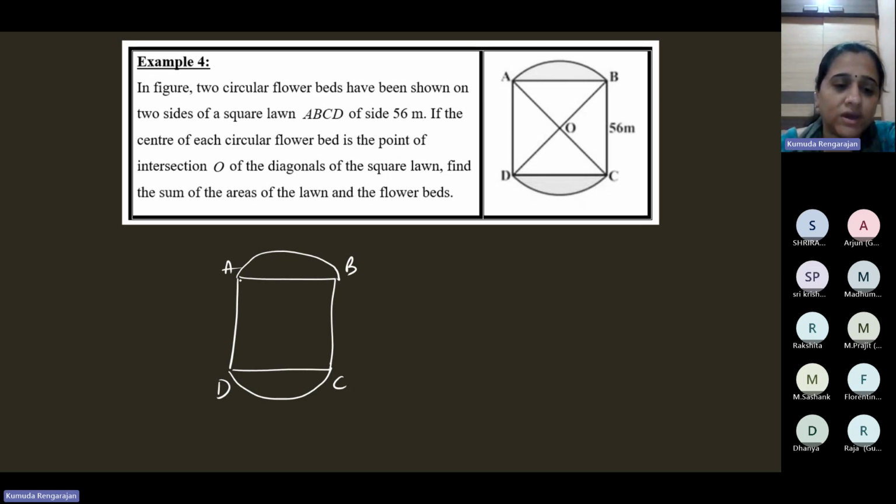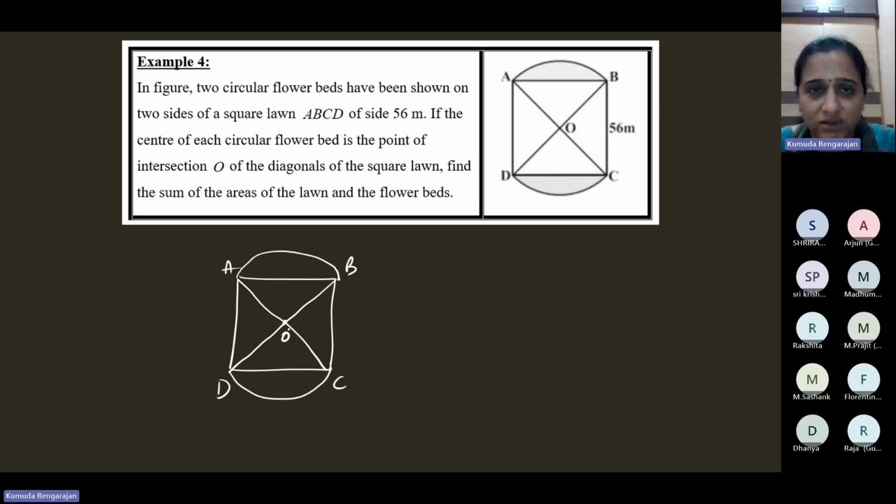AC and BD are the diagonals of the square lawn, and the point of intersection is O. So this is O.